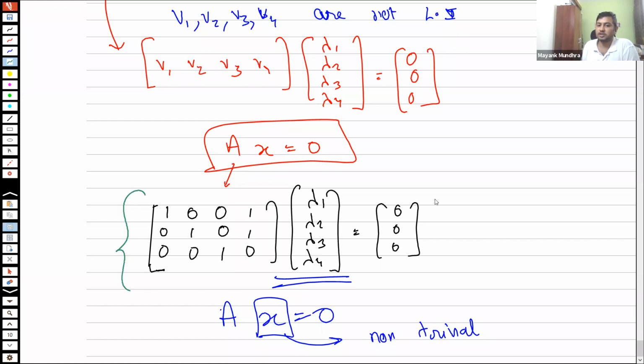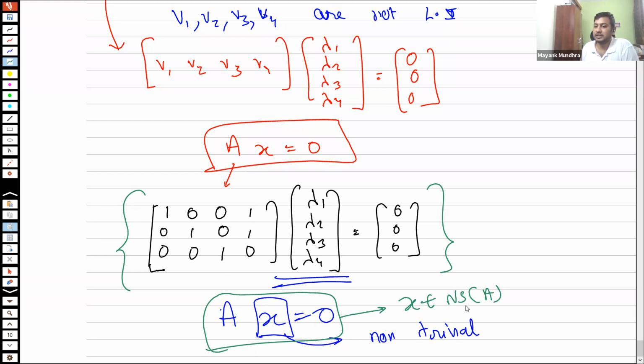So in this definition, all x which solve the system of equations Ax equals 0 belong to the null space of A. So what I'm saying is that when the column vectors are linearly dependent, the null space of A has vectors other than the 0 vector.